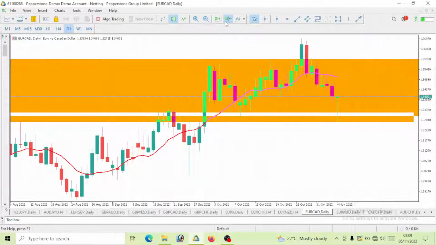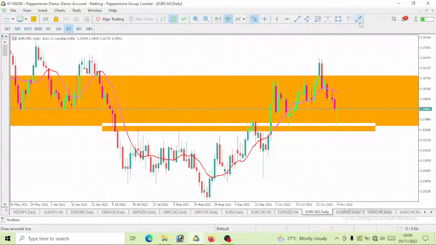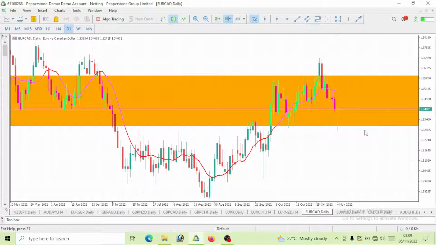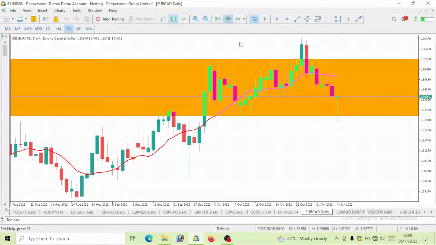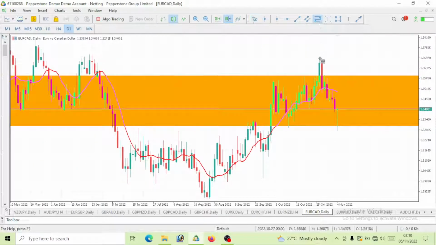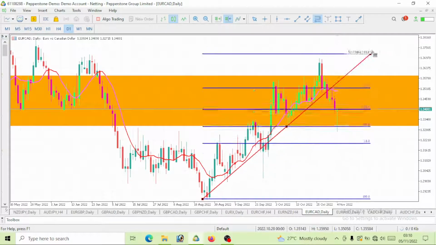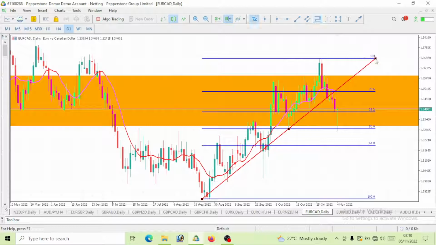So let's see what this daily time frame says. Clearly we can see that this is an uptrend move, right? This is clearly an uptrend on EURCAD, by the way. We had a correction here, a retracement. This is one of the reasons why I used the Fibonacci retracement tool, and we expected it to drop to 50%.